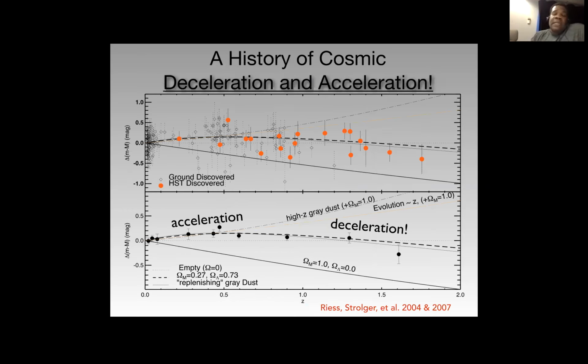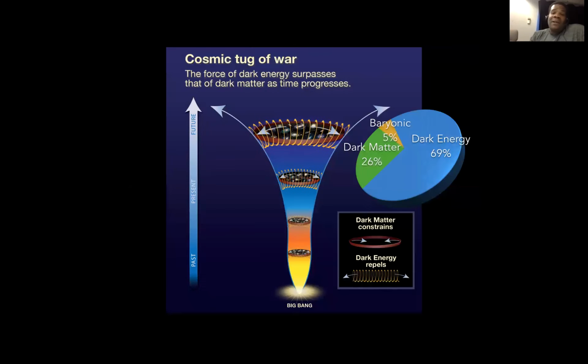The motions of the universe on the largest scale that we know is that we have a cosmic tug-of-war, where after the Big Bang, there was an expansion, but it's been slowing down due to all the dark matter content of the universe, and only recently has gotten weak enough to allow dark energy to shine and essentially push the universe apart. Where we are currently is a universe that is largely dominated by dark energy, at the 70% level.